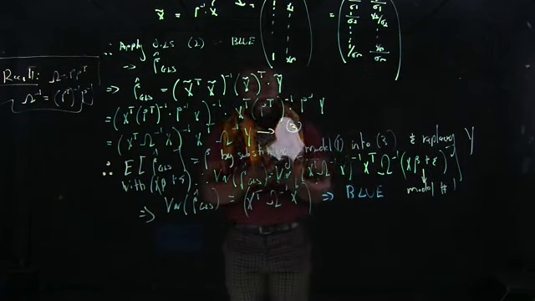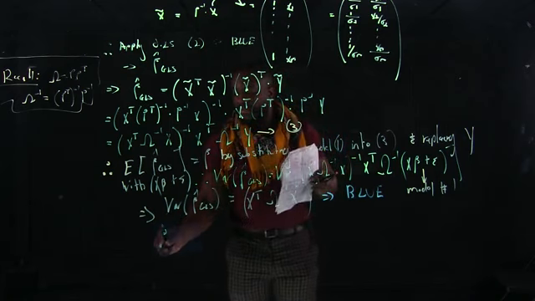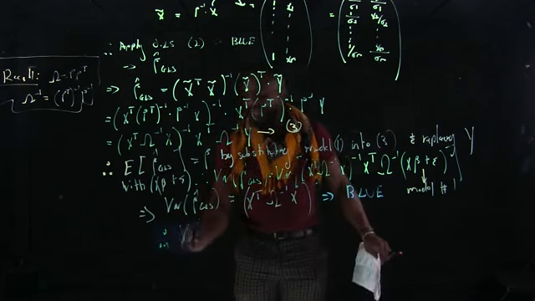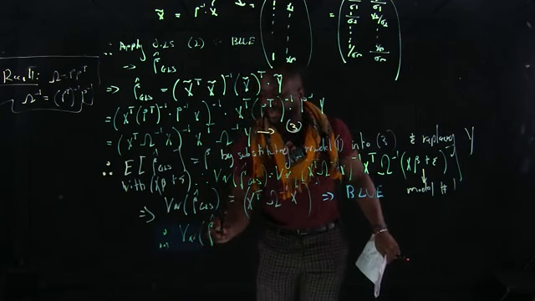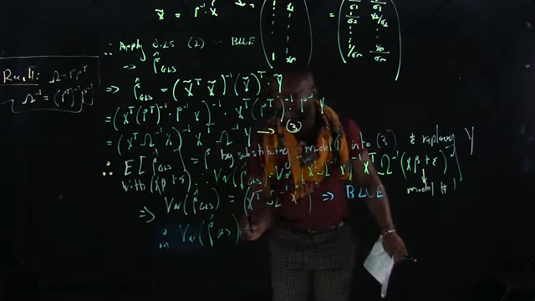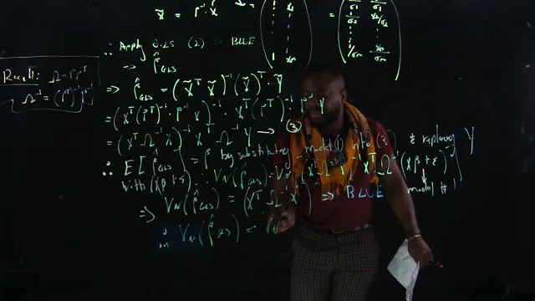So we can now make the beautiful statement that the variance of beta hat GLS is less than the variance of beta hat OLS. There's actually more of a proof for this, but we're not going to go into that.